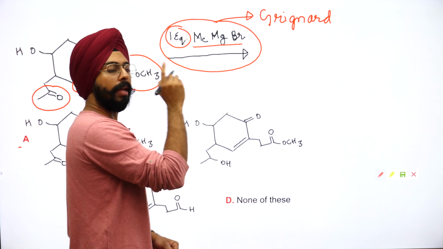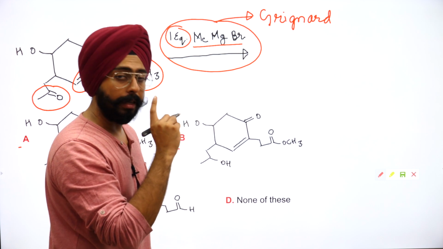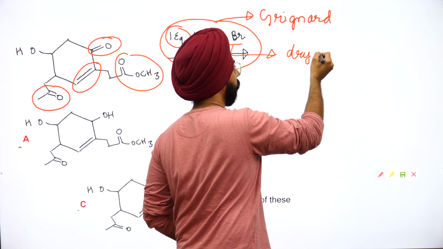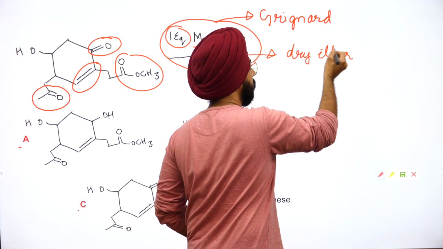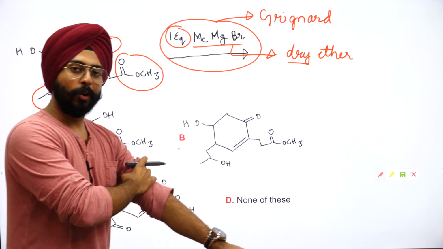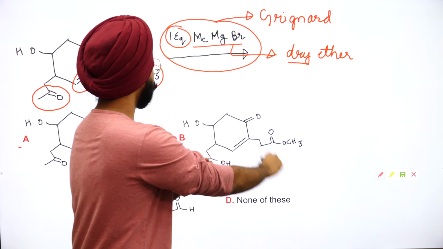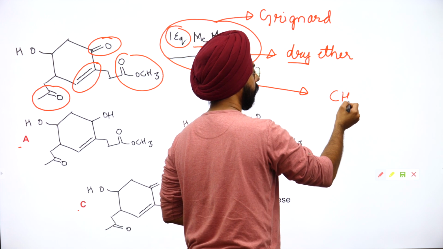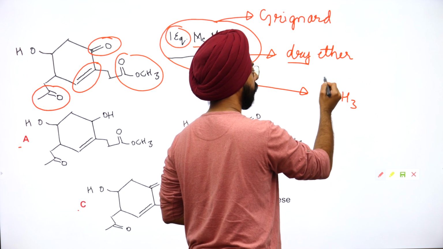Do you remember that whenever you are doing reactions with Grignard reagent, you always keep the conditions of dry ether? ये dry word याद है क्या तुमको? Do you remember dry ether is always taken? Why dry? Because what does this provide essentially? This gives you a carbon ion, isn't it?